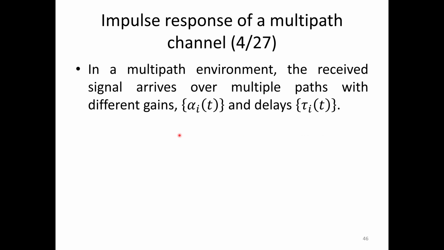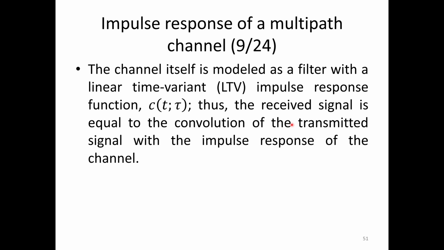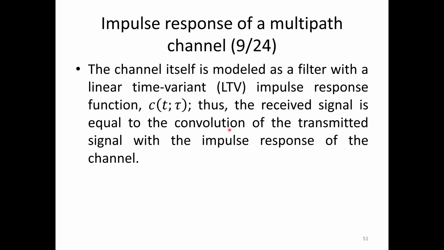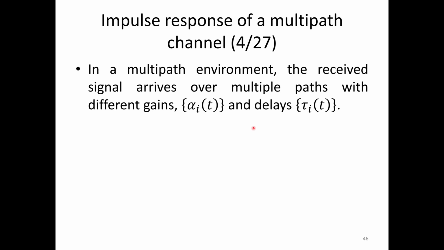Alpha i of t is the gain of the ith path at time t, times exponential negative j2 pi fc tau i of t, where fc is the carrier frequency. And what is tau i of t? Let us review the definition. It is the delay of the ith path at time t.